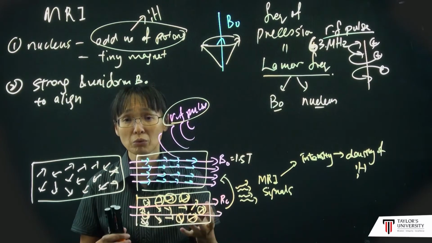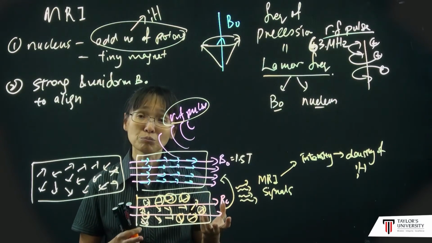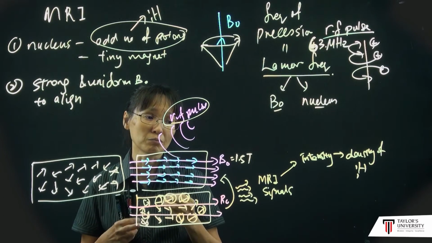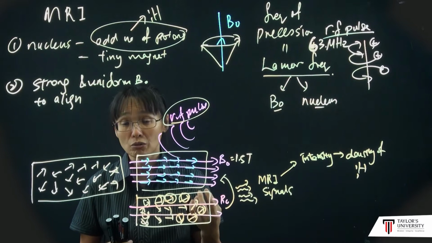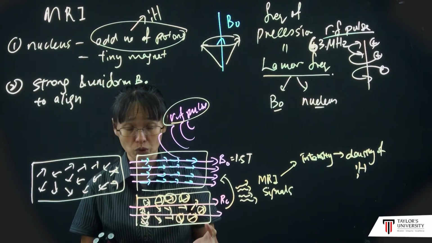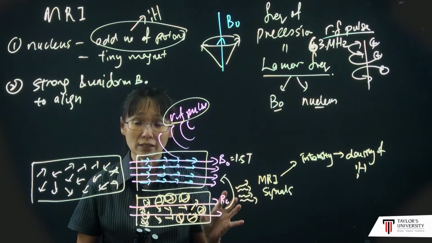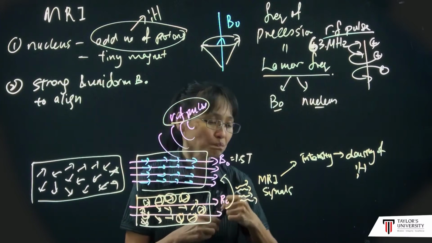That means in certain areas we have fat, we have watery tissue, there are many hydrogen atoms, and therefore the intensity of the MRI signal is strong, because imagine one hydrogen nucleus emits 1 joule, for example. If you have 100, then you have 100 joules. Okay, so if we have more hydrogen atoms in a certain region, then the intensity is larger.